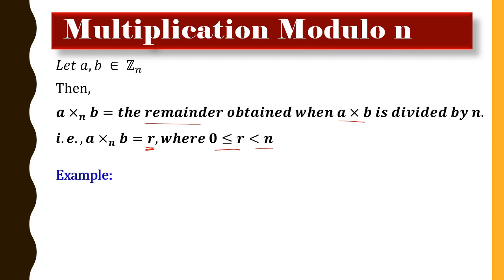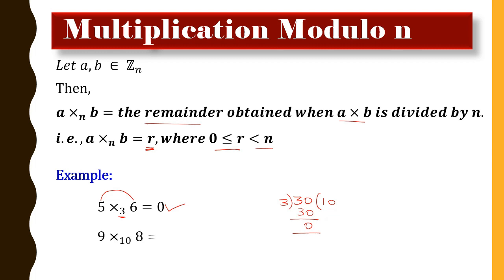Again we shall consider few examples. What is 5 multiplication modulo 3, 6? Now we multiply 5 into 6. 5 into 6 is 30, and you should divide this number by this suffix, that is 3. So 3 tens are 30, therefore remainder is 0. Therefore we got the answer is 0.